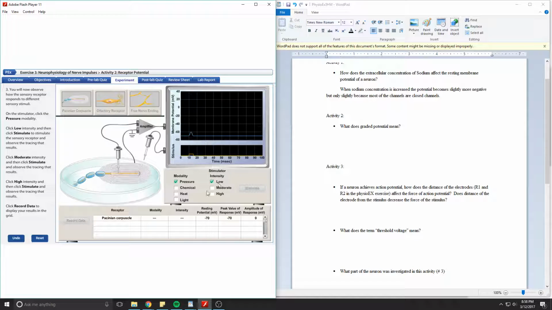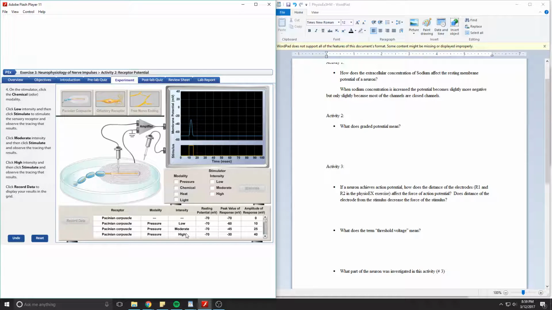Now click moderate intensity and then click stimulate. So that one did it a lot more. Click high intensity and then click stimulate. That one did it even more. Okay. So we're going to record that data.